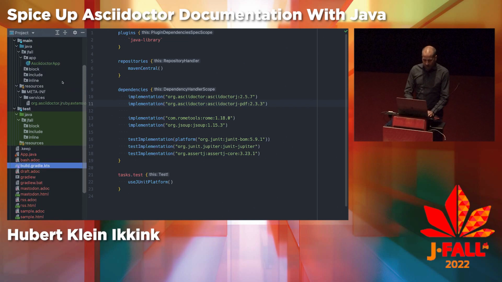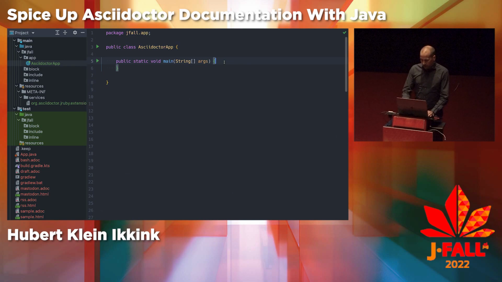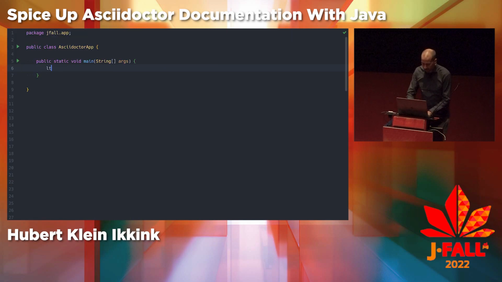So let's see what happens if we want to do the stuff from our Java code. In this case, this is just a simple main application class, and what we actually need to do is get access to our Asciidoctor instance. And luckily for us, there is a factory class that creates an Asciidoctor instance.